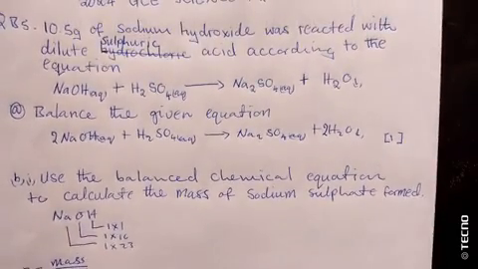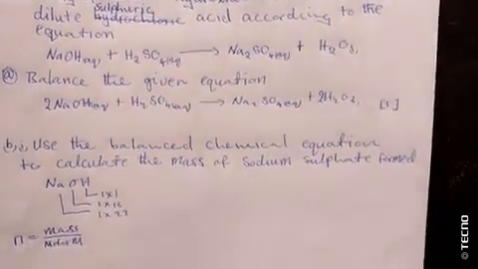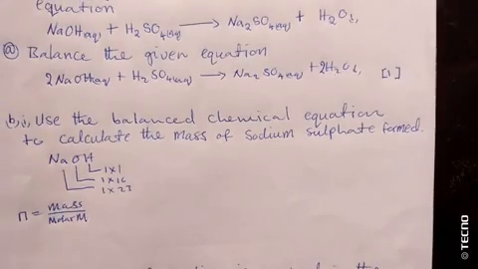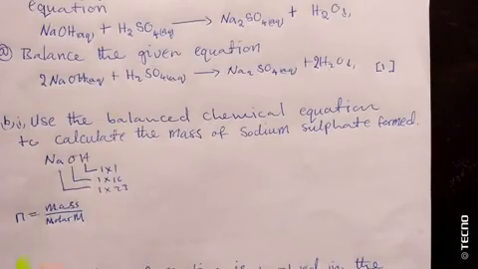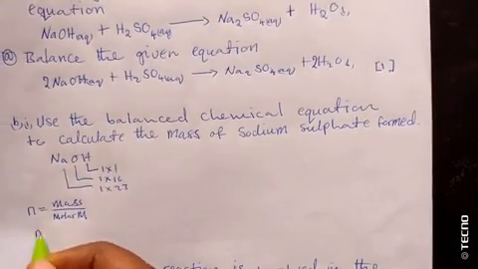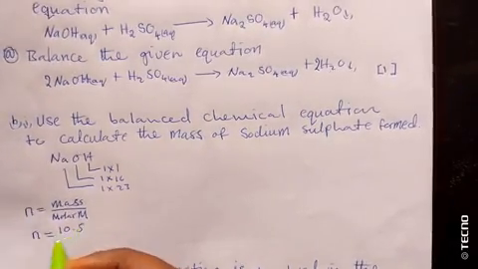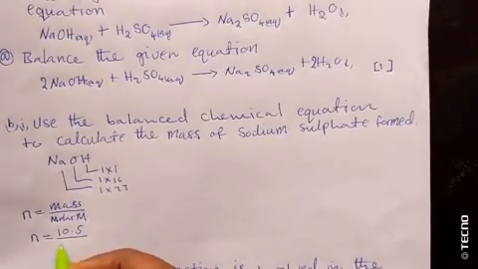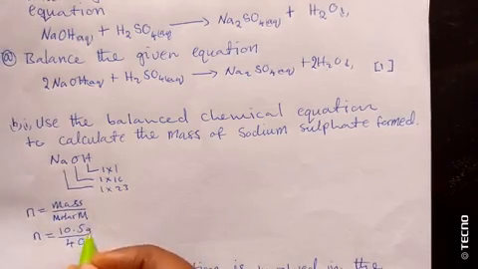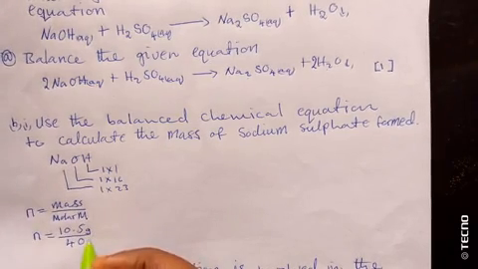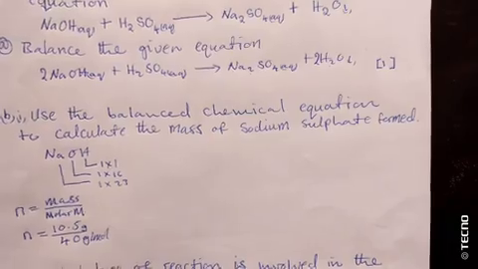So this 10.5 here is going to be our mass for sodium hydroxide. So what we are calculating here is the moles of sodium hydroxide. So we'll say n is equal to 10.5 over 40, which is grams per mole.